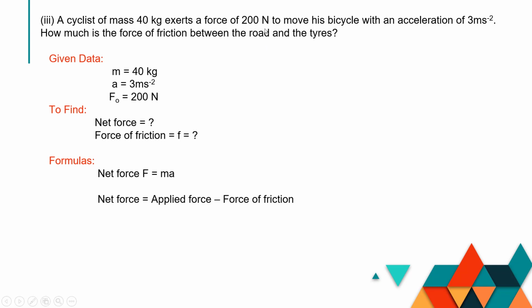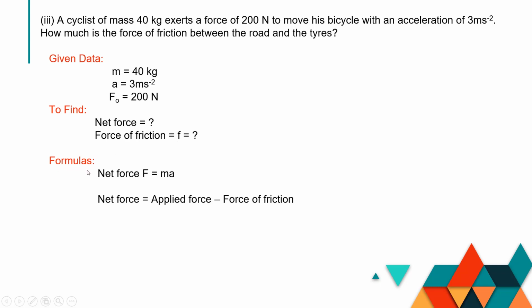You are also given the applied force, which is 200 Newton. So for applied force, we will write it as F naught, equal to 200 Newton. Next, you have to find out how much is the force of friction between the road and the tires. For that, you have to find the net force and the force of friction, which is denoted by small f.